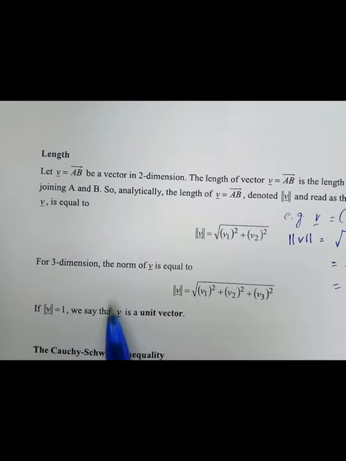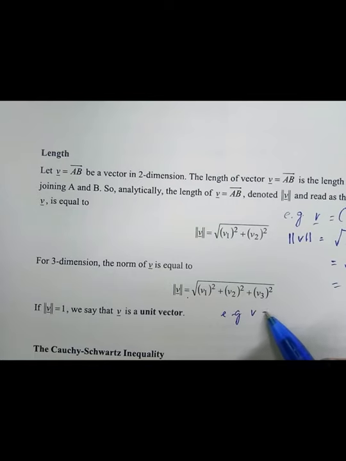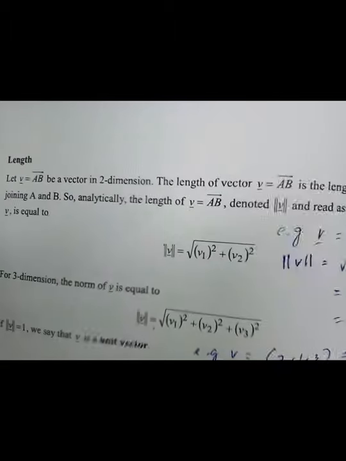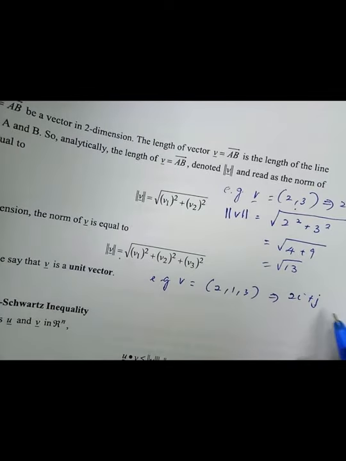Okay, same also goes for a 3-dimension vector. For example, v is given by 2, 1, 3, or in a vector form 2i plus j plus 3k.